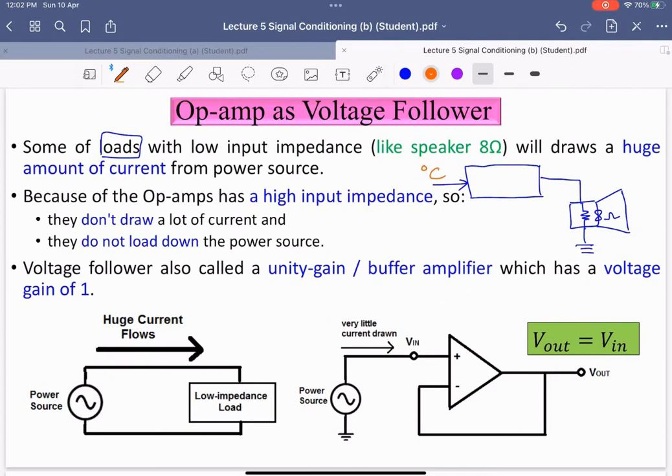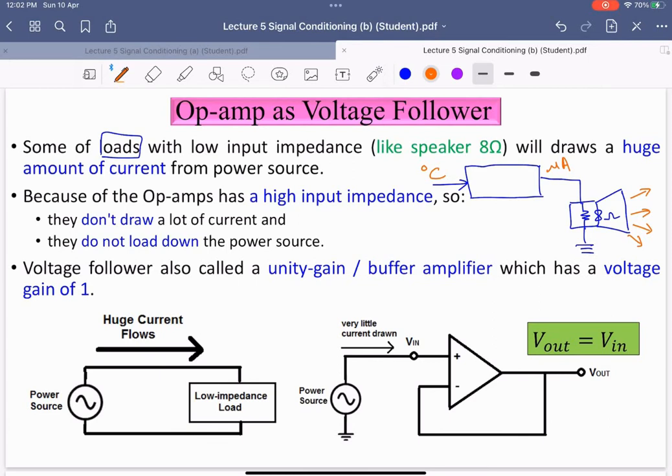For example, your sensor detects temperature. When the temperature is high, it will activate this speaker or buzzer, something like that. So this sensor converts from degrees to current.